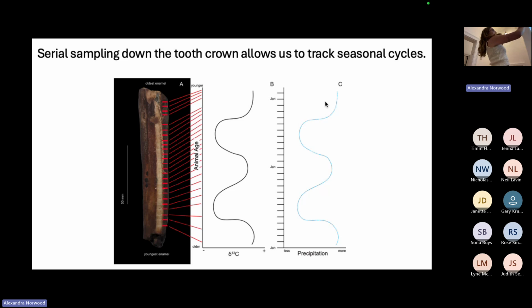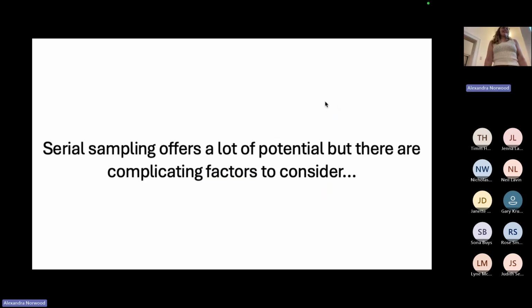So this is in a perfect world, we sampled this tooth, we get our isotope curve, and then it perfectly matches what's going on in the environment. Unfortunately, everything is more complicated than that. And so we have to do a fair amount of work to get from that isotope curve to our environmental curve.